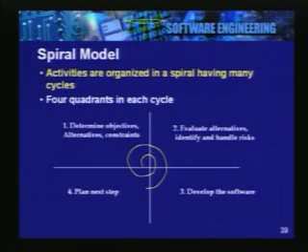Then we evaluate those alternatives and clearly identify the risks. These risks may pertain to interfaces, performance and so on. Based on these risks, in the third quadrant of the cycle, we define what implementation we will perform. And after the third, in the fourth quadrant, we plan the subsequent cycle.